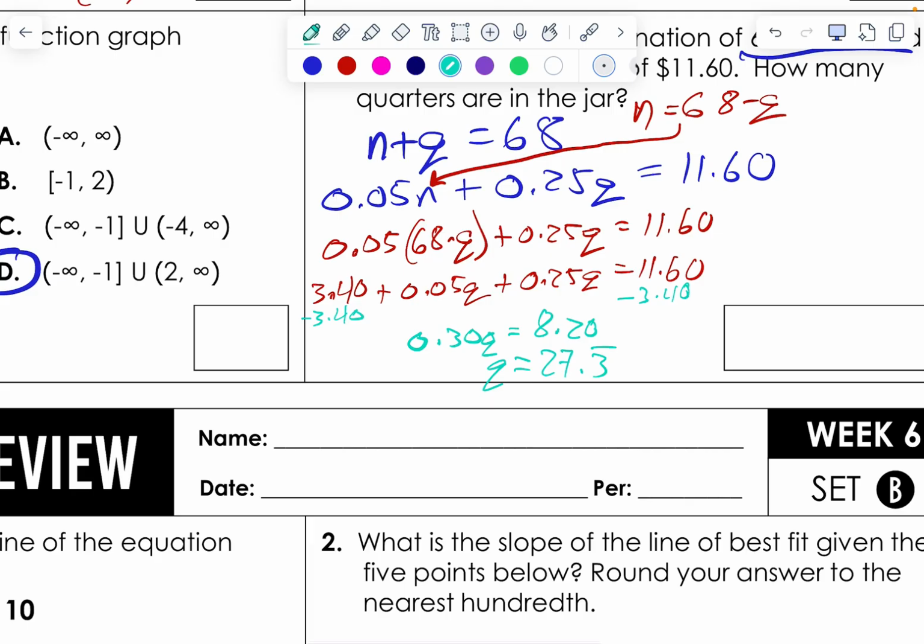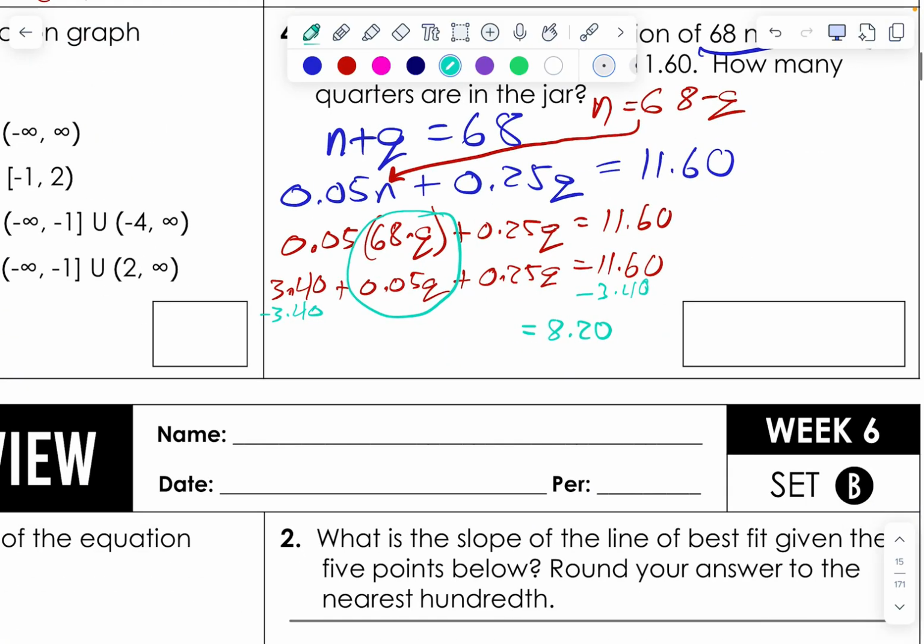Oh, does anybody see my error? See if you can spot it. I'll start filling stuff in that is correct. So my error is here. Error analysis is really good. That's why I'm having you do it.